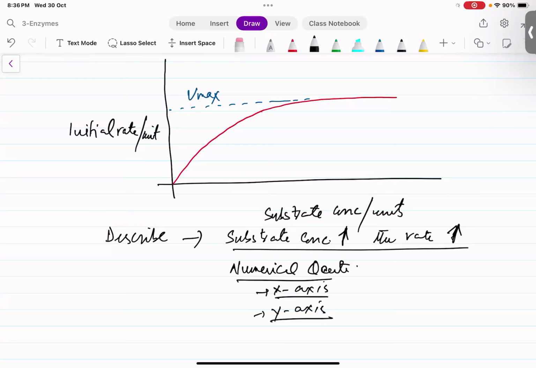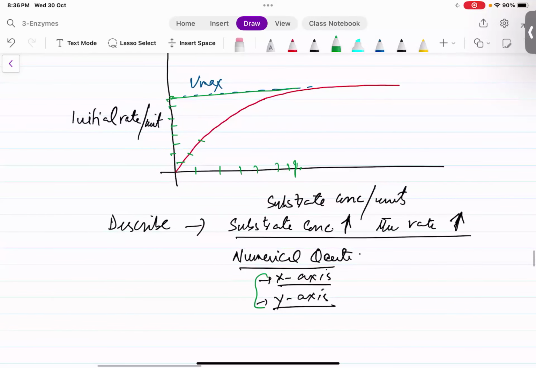In this case, I don't have precisely the values of substrate concentrations here, and I don't have the values for the initial rate on this graph, because this is a sketched graph. We can take the plotted exact values, and we can give this numerical reference here. But the next point is, from this concentration ahead, if the substrate concentration is further increased, then this curve is leveled off and the rate becomes fairly constant.